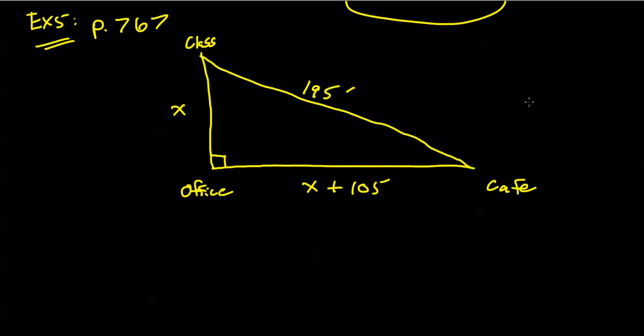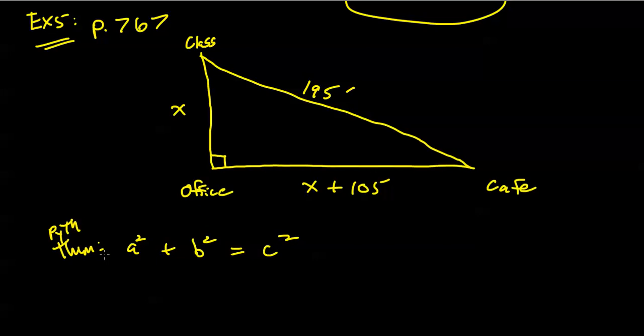Clearly in a right triangle, we know that the hypotenuse squared is the sum of the squares of the two legs, right? a squared plus b squared equals c squared by Pythagoras' theorem.